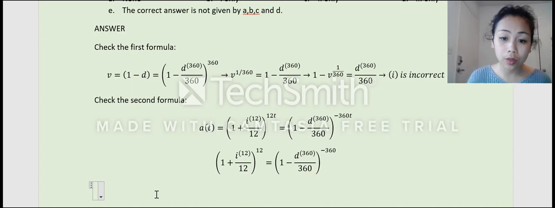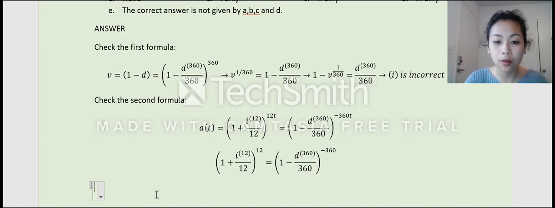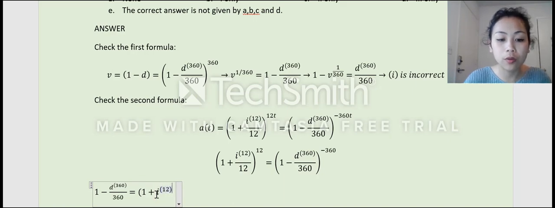Now we solve for the nominal rate of discount compounded 360 times a year. We have 1 minus d^(360) over 360 equal to 1 plus i^(12) over 12 raised to the power of 12 divided by negative 360.